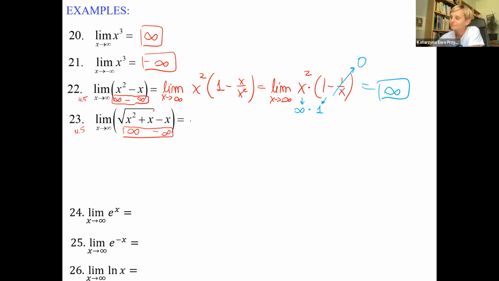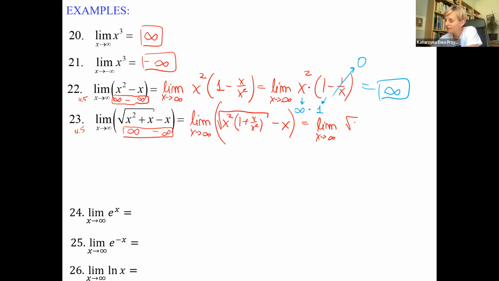Let's try. First of all, let's factor out x squared under the square root. This means we will have 1 plus x over x squared, still everything under the square root. Let's simplify a little bit.